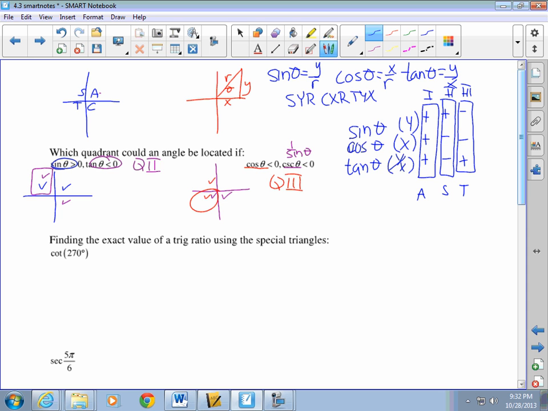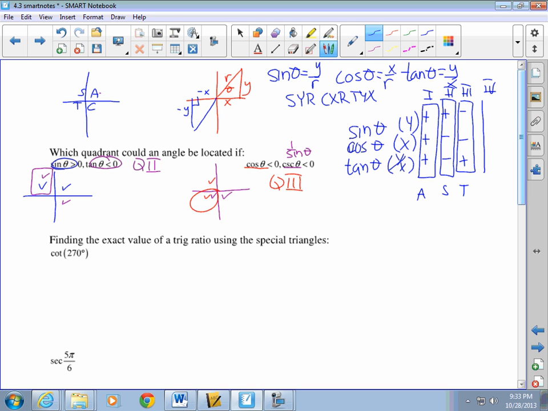Because if you think about this, for tangent, cotangent is in this quadrant here, so if you were to draw a triangle in here, you'd have a negative x value and you'd have a negative y value. So that means you'd have a negative cos and you'd have a negative sine. That negative divided by negative to get your tangent makes it a positive.